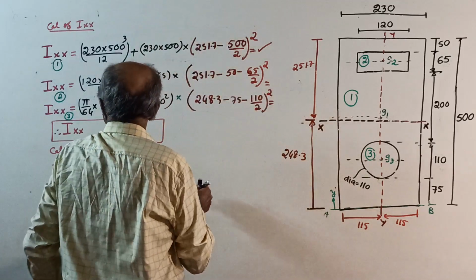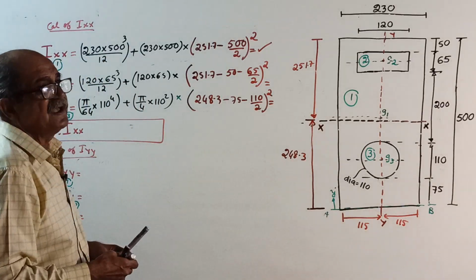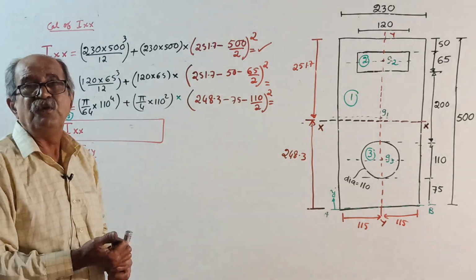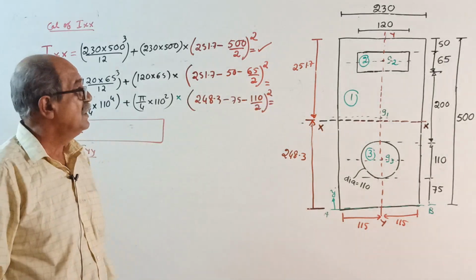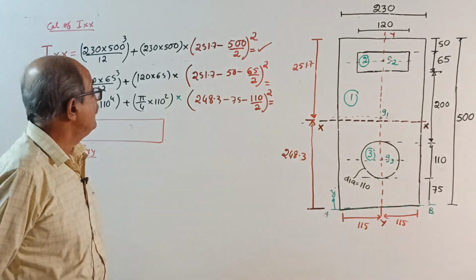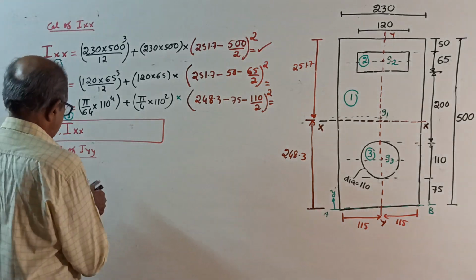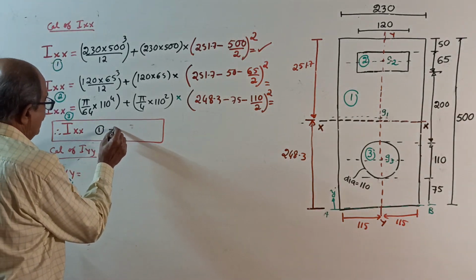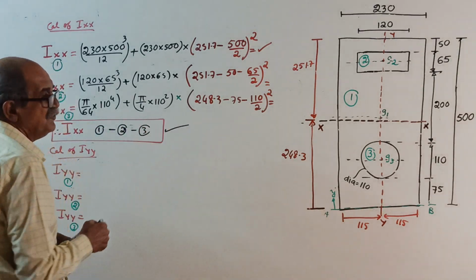You get the answer. Now get all the three answers right. Therefore, Ixx for the given cross section, considering the two empty parts, that rectangle and circular portion removed, is Ixx power 1 minus Ixx power 2 minus Ixx power 3, you should write it. I should not waste time on this one.